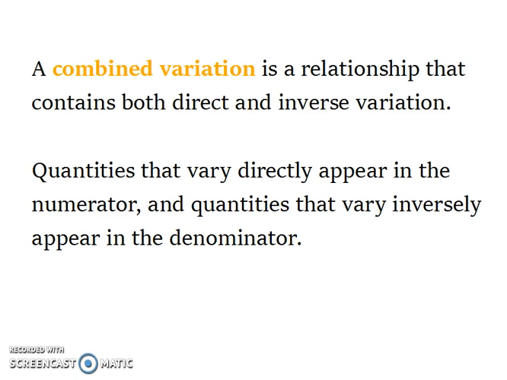Alright, now let's look at a combined variation. A combined variation is a relationship that contains both direct and inverse variation. Quantities that vary directly appear in the numerator, and quantities that vary inversely appear in the denominator.